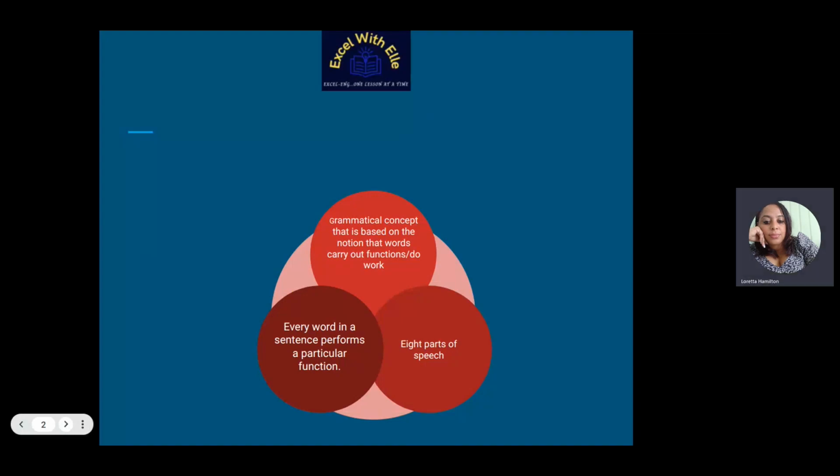So whenever you hear about parts of speech, what you should think about immediately is function or work of words. So you have to come to the realization that in every sentence, every word carries out or performs a particular function. And we will be looking at the functions or the work of the 8 parts of speech that we have in English.